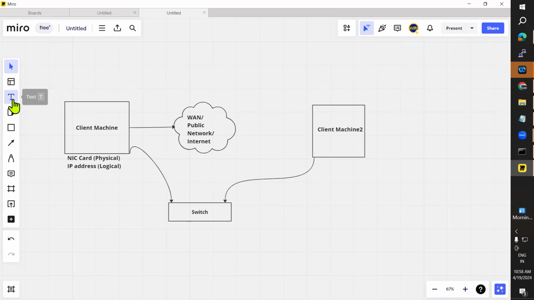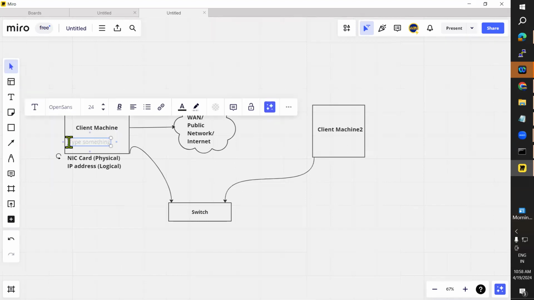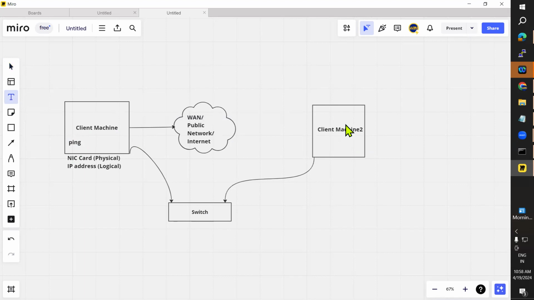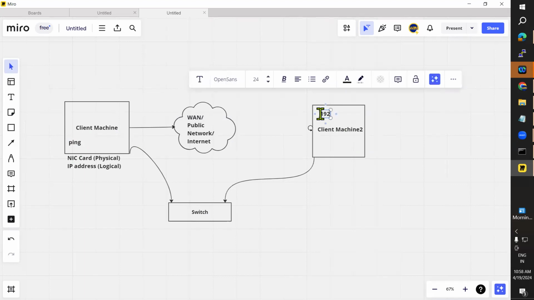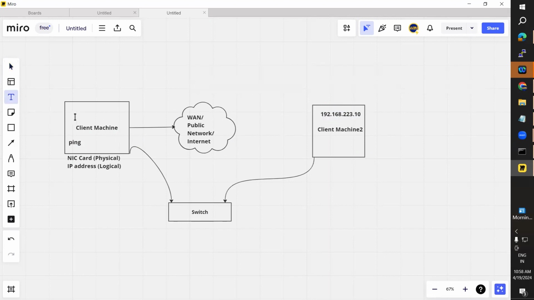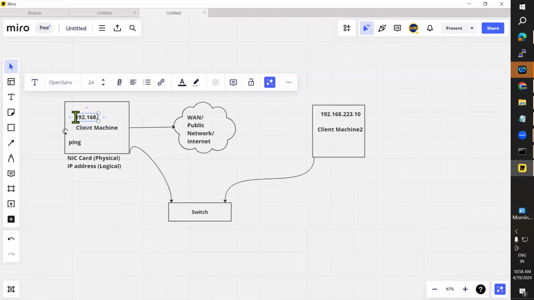But if I want to check the communication from client machine 1 to client machine 2, then usually we use the ping command. Ping, and what is this machine's IP address? Let's give some IP address here: 192.168.223.10. Let's give 192.168.223.12.